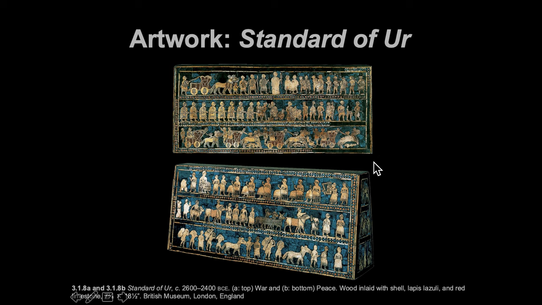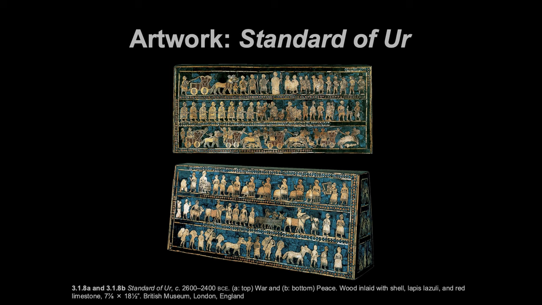Now, hierarchical scale is two main things. One is the registers or placement: the important figure is going to be on the top register, the less important people on the bottom. Here you see it a little more clearly, where these are sort of peasants carrying things, I believe. There's one with slaves. The bottom register of the war side shows chariots running over the bodies of the enemy.